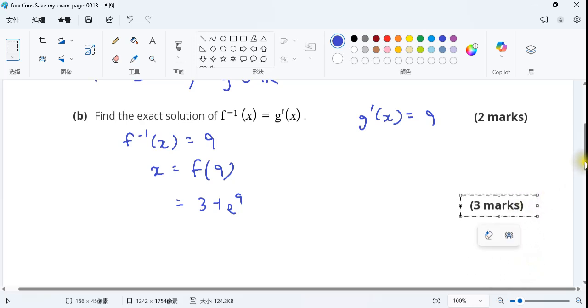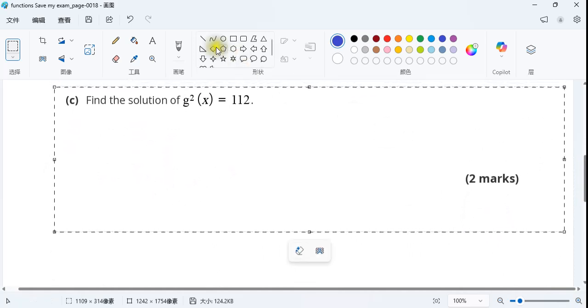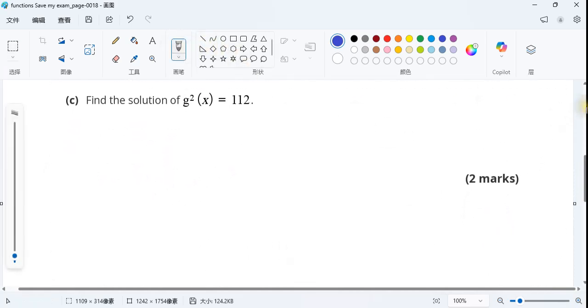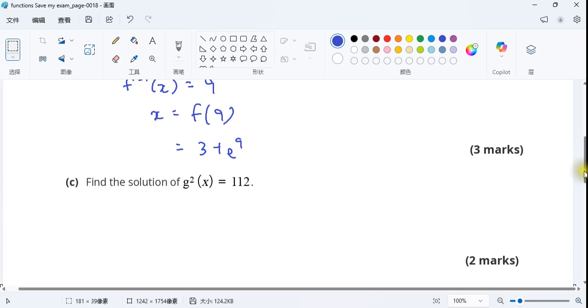And then find the solution of g^2(x) = 112. So g(x) is 9x - 5.